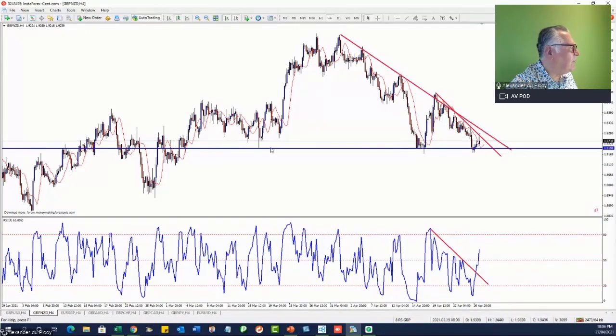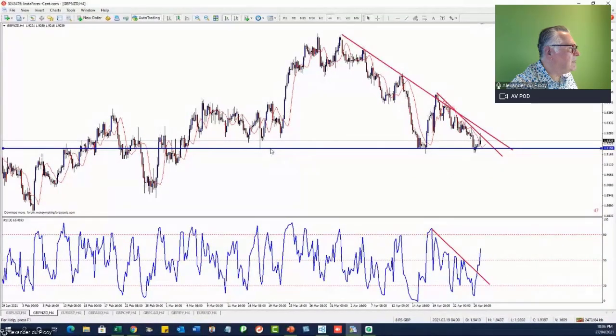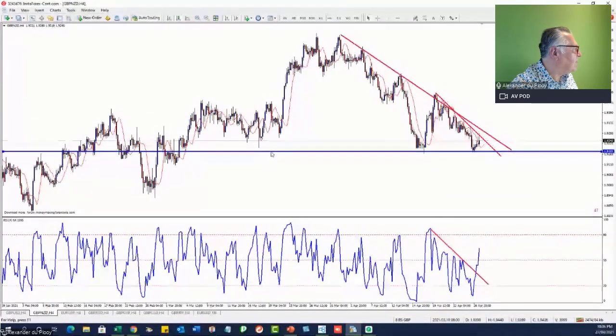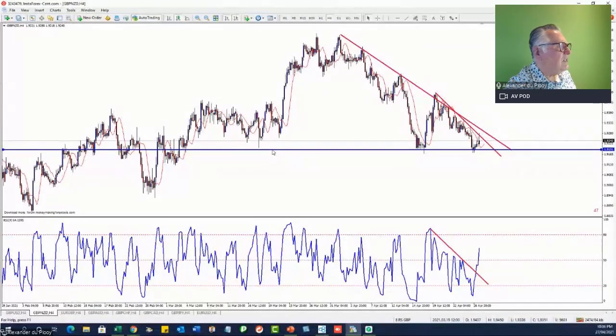So let's have a look. Oh yeah, there we go. Boom. Maybe not. Yeah. Let's just see if we can refine it. Yeah, that's about it. So it's bounced on very strong support. It's made a double bottom, or it's making a double bottom. It's the RSI saying, "Oh, I want to go up.